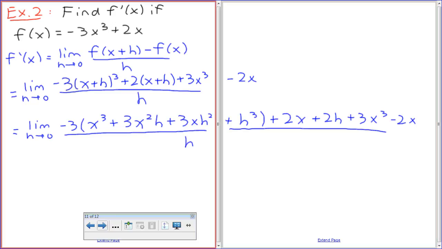Remember, this is the way Pascal's triangle goes: 1, 1, 1, 1, 2, 1.